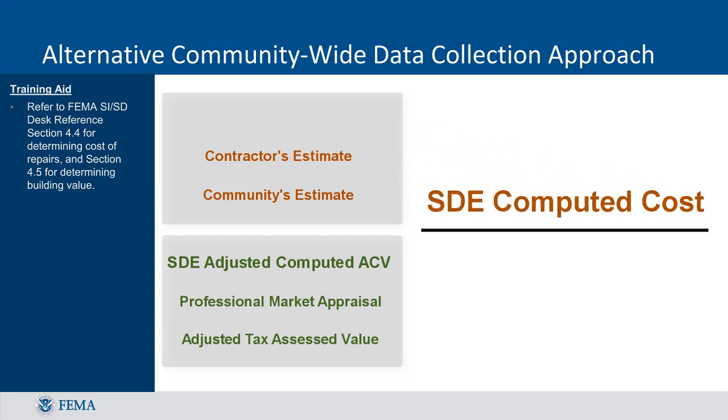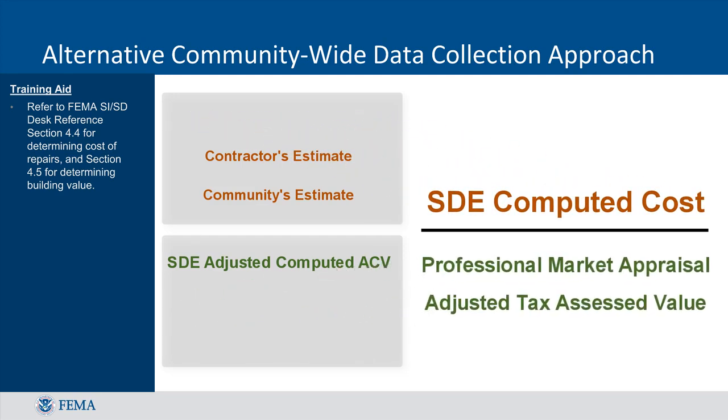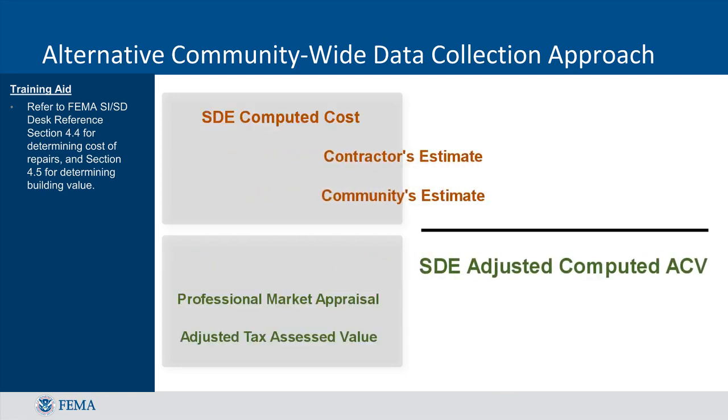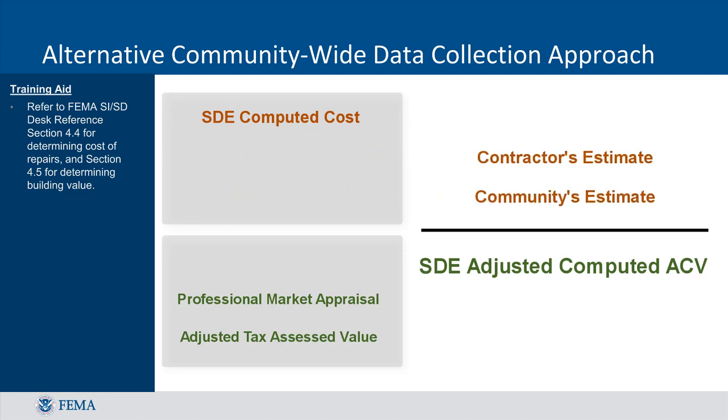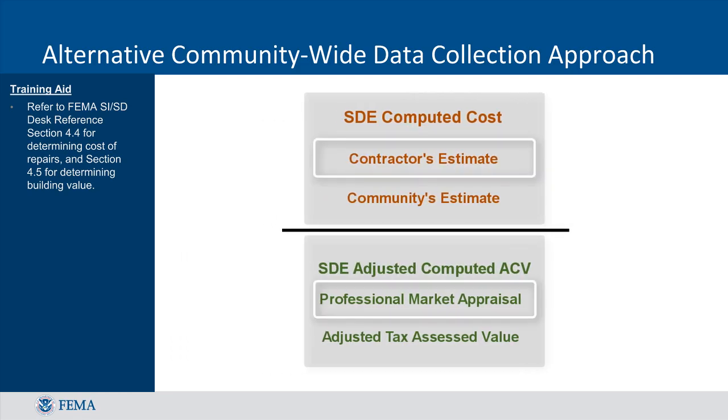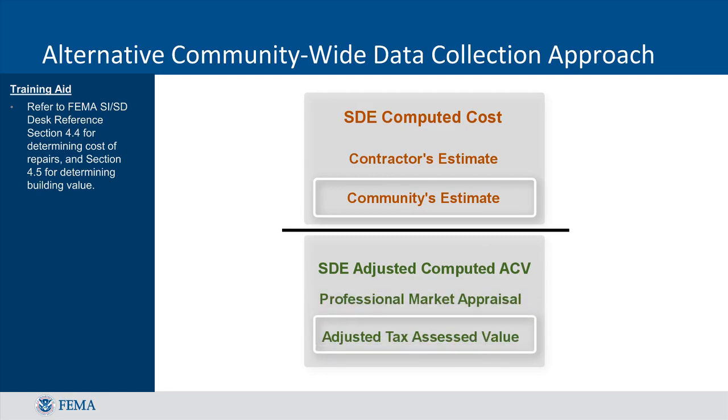Costs of repairs can be adopted from the SDE data, but another option for determining building value can be used. Another approach is to use the building value from the SDE data, but use another option for determining the cost of repairs. A third option is to adopt an approved alternate method for determining the cost of repairs and building value that better suit the needs of your community.